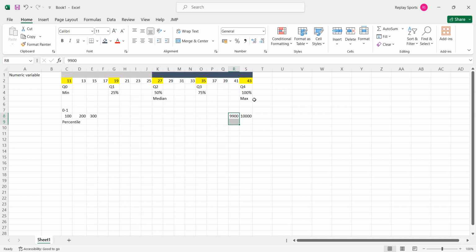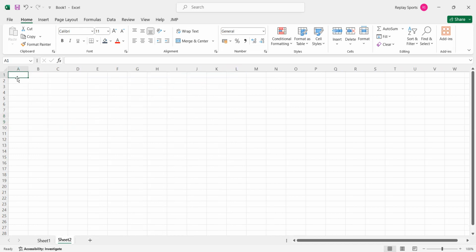Let's say temperature. We'll open a new tab here. Let's say average temperature of the day versus ice cream sales in dollars.